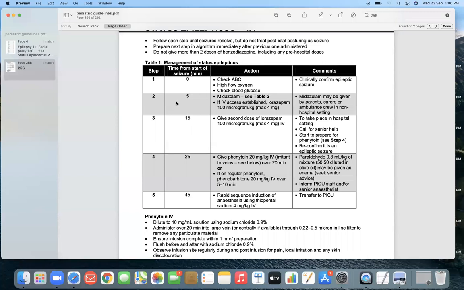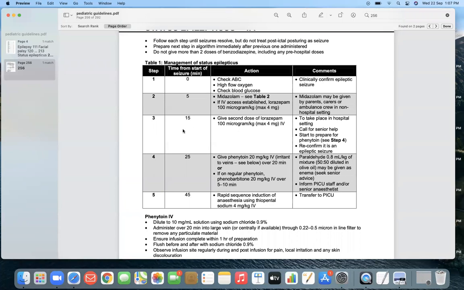Next, at 5 minutes, if IV access has been established, you will go for lorazepam 100 micrograms per kg. 100 micrograms is nothing but 0.1 mg per kg. Here he has given in comments, midazolam may be given by parents, carers, or ambulance crew in the non-hospital setting.